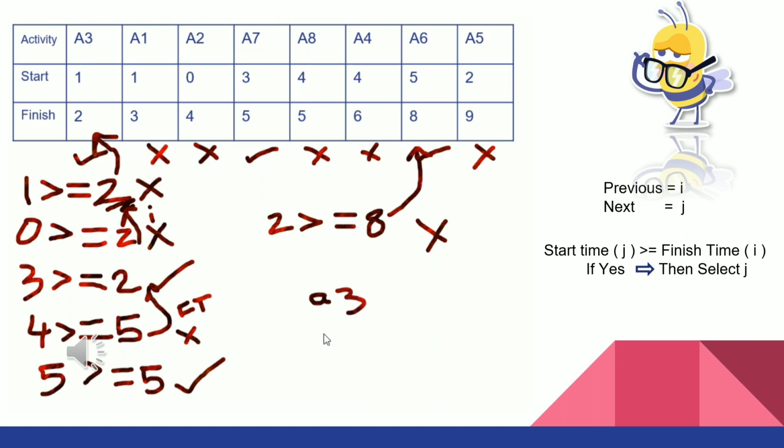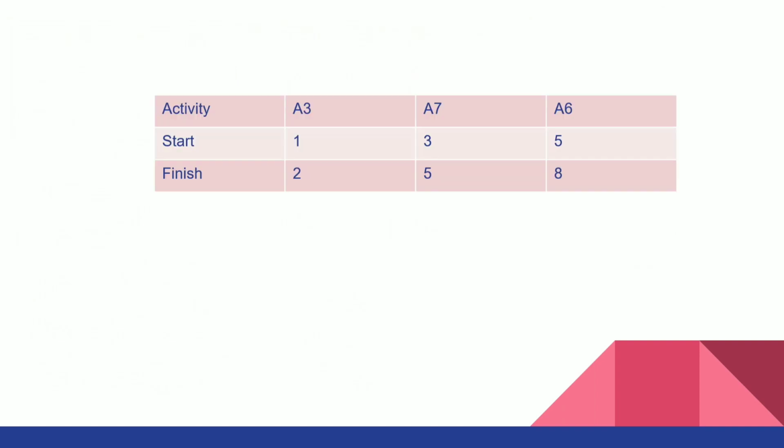Finally, the activities which satisfied the condition are A3, A7 and A6. So that's all about the activity selection problem. This is the final output: A3, A7 and A6.